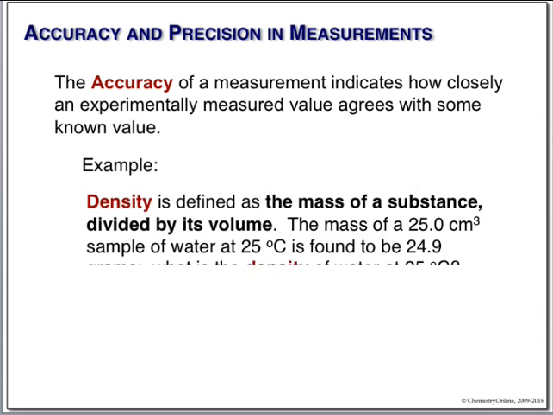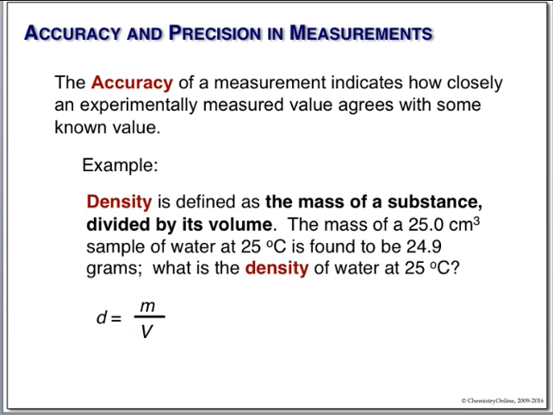Let's look at this in terms of a simple density example. When we talked about density, I said that density of water at 25 degrees was 0.996, something like that. Okay? Here we do a simple measurement. We have 25 cubic centimeters, 25 degrees. We measure it at 24.9 grams.